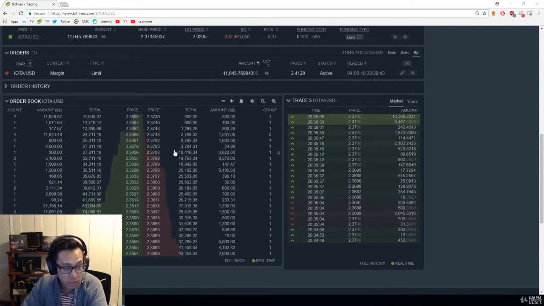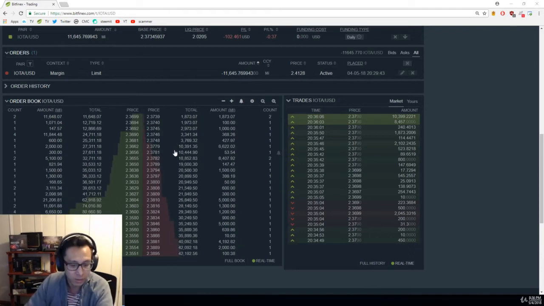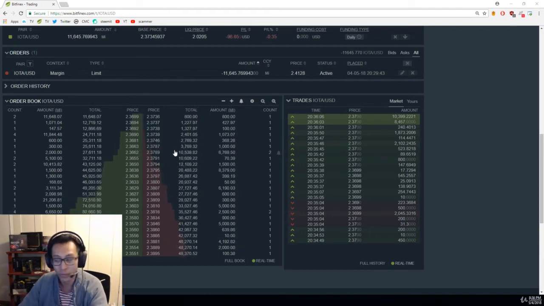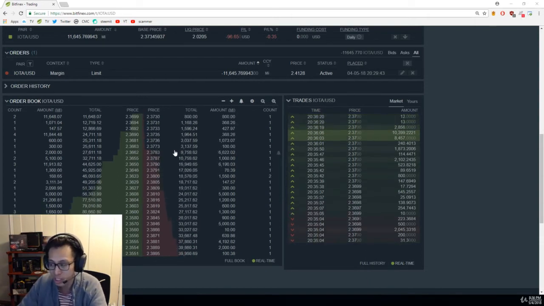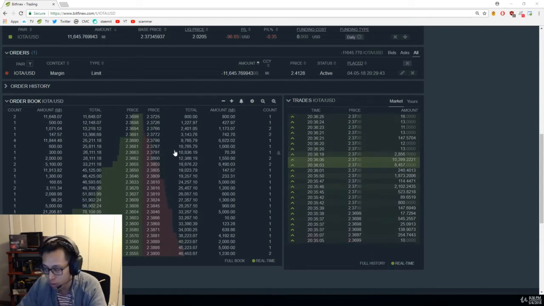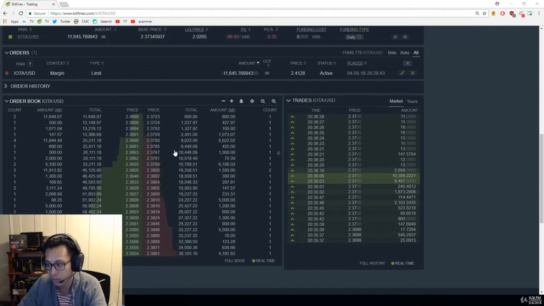Whatever exchange you're on, you're going to see it as well, whether it's Binance or Bittrex or GDAX or Poloniex or anywhere you trade, Upbit, Huobi, whatever it's called, right? These order books are always going to be there. So make sure you're familiarizing yourself with it.